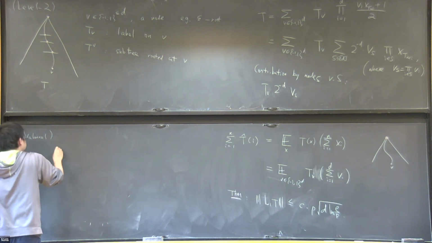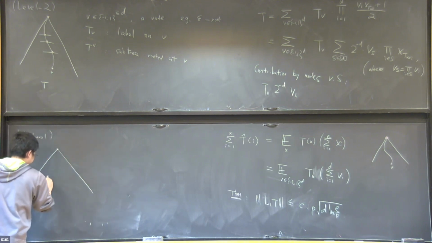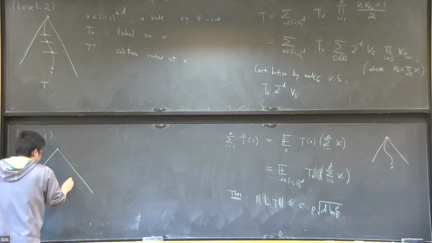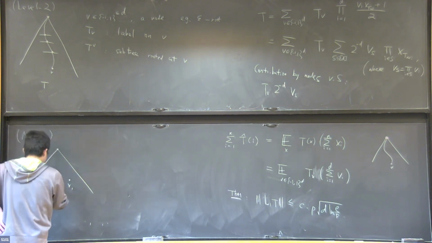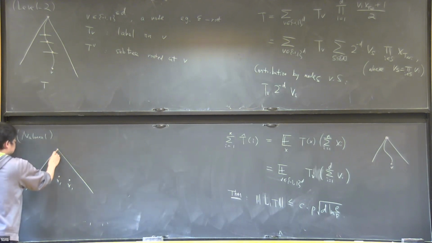That is, you fix some x_i, say x_1, so fix a variable. And then let's just focus on the contribution from the pairs formed by taking x_1 and a node above x_1.